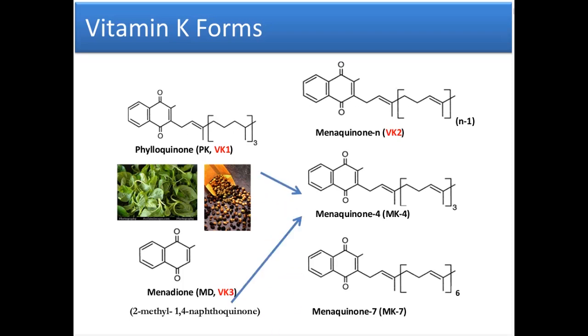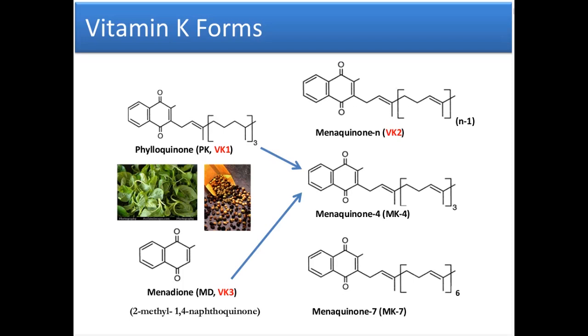Now what's really important to know is that first of all, when we talk about vitamin K2, all menaquinones are not the same. So in some ways it's a misnomer to call it just one form, vitamin K2, and it's better when you read the literature to really scrutinize which menaquinone it is. The second important point here is we get most of our vitamin K as phylloquinone.